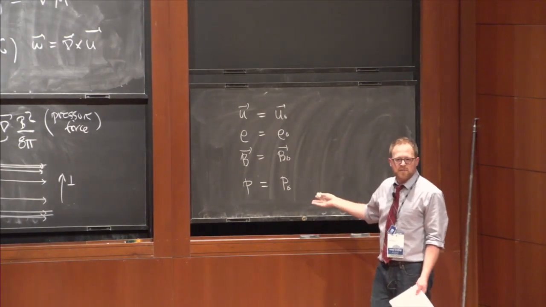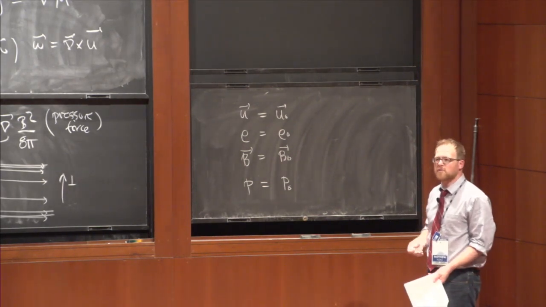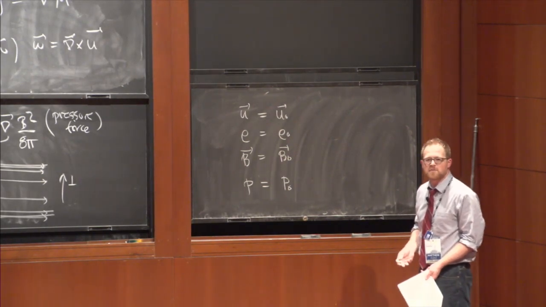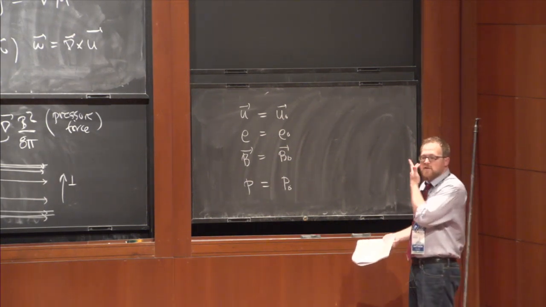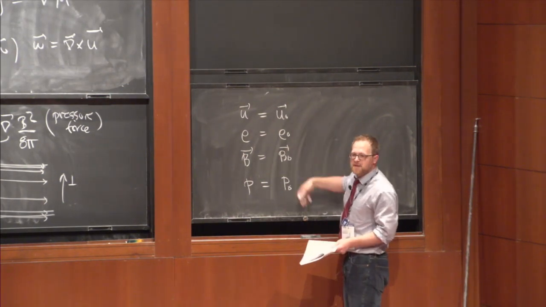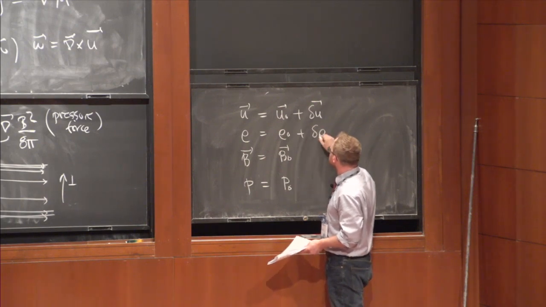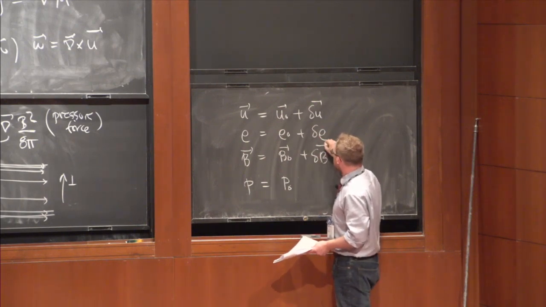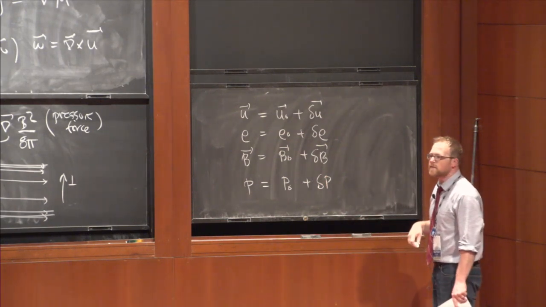You'll hear from other talks later in the week about equilibria, how to set it up. Michael Barnes is going to talk about the Grad-Shafranov equation, which is one way of determining equilibrium in a tokamak, for example. I'm not going to talk about it, just suffice it to say there is some equilibrium, and I'm going to make little perturbations to this, which I was taught to denote by this delta.